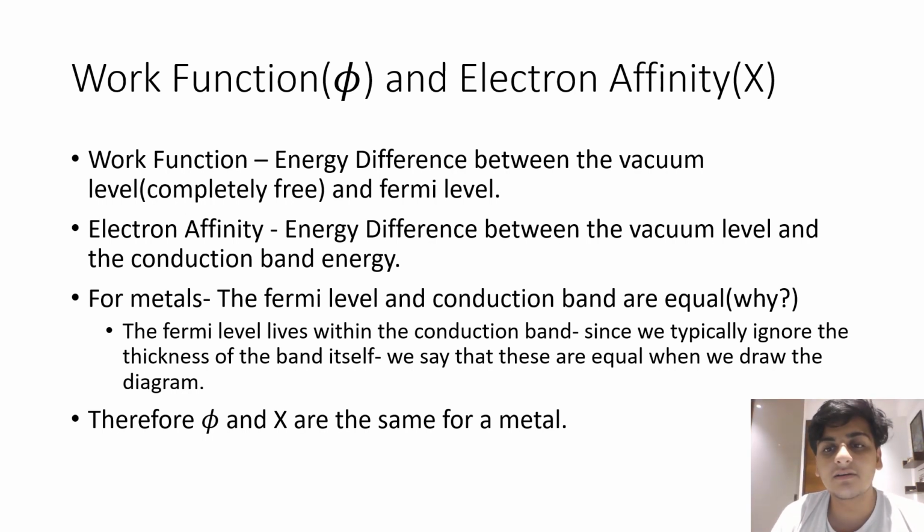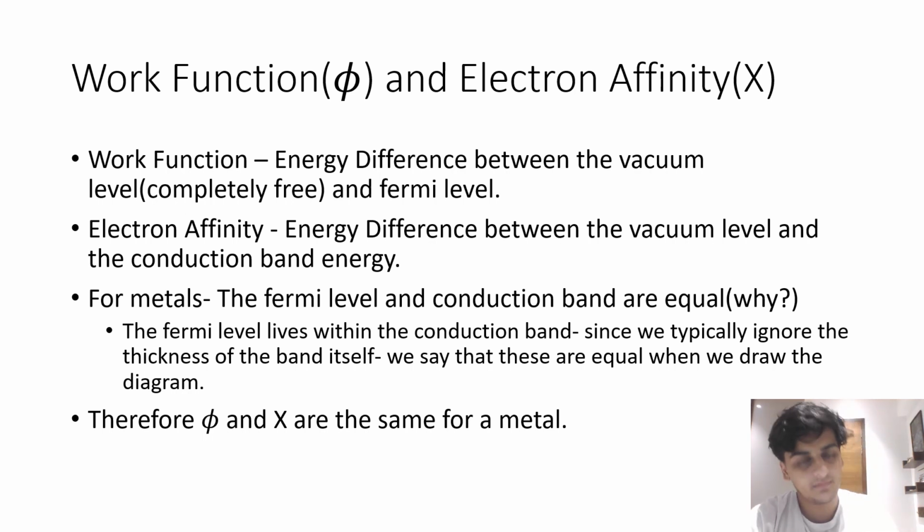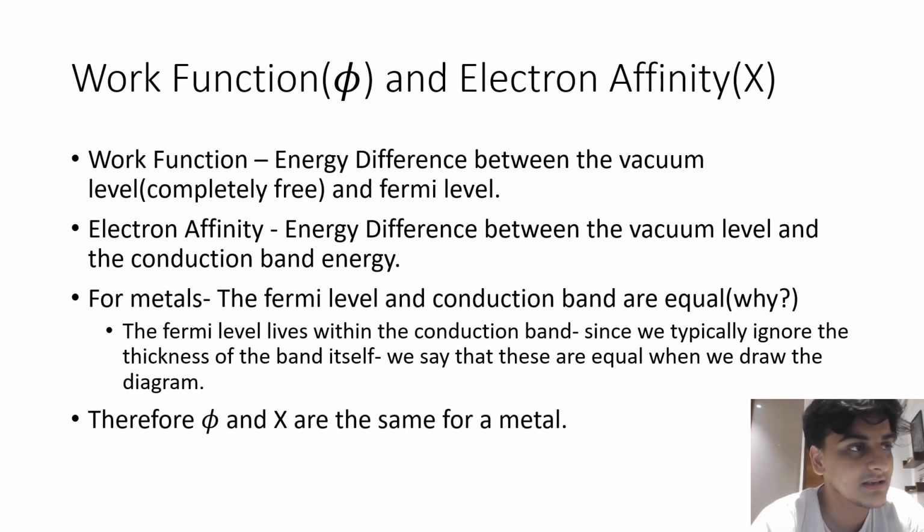Now for metals, the Fermi level and the conduction band are drawn in the band diagram at the same place. The reason for this is, as we discussed in one of the very earlier lectures, that metals have semi-filled conduction bands, which makes them very good conductors because they have a lot of empty states in their conduction bands that the electrons can go into.